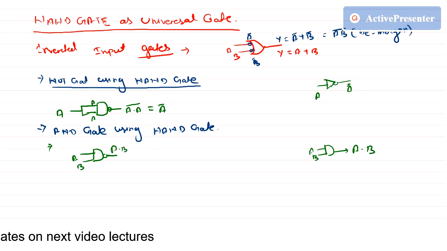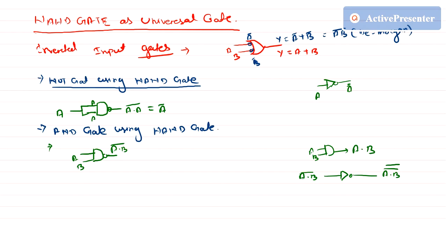So here the output is A dot B bar. Now our goal is to get A dot B. So how can we get A dot B? If we have A dot B bar, and if we pass that through a NOT gate, then we will get A dot B bar whole bar. So what will happen? The bar will get cancelled, so you will get A dot B. The bar getting cancelled means A bar bar equals A. So this is the concept used here.